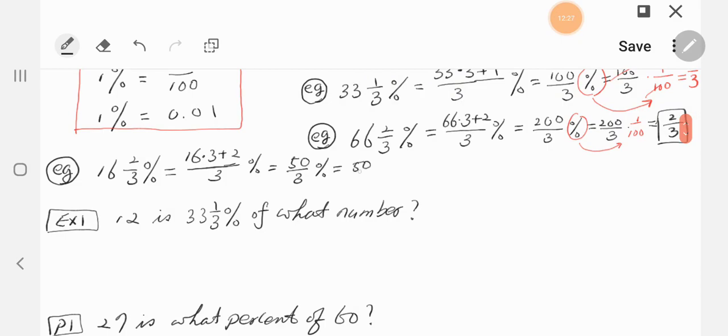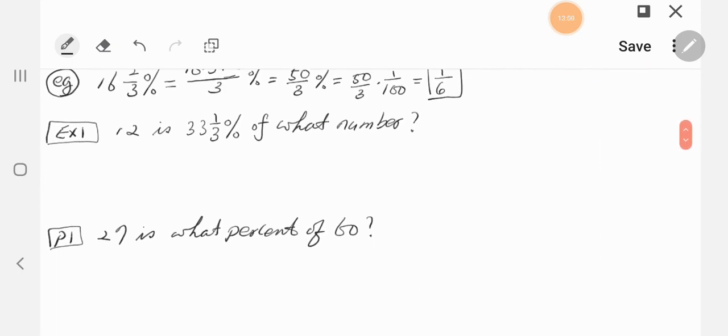And 1% is equal to 1 over 100. So that is equal to 50 over 300, and then reduce it, so 50 divided by 50 gives 1 over 6. All right, so we just converted percent into fraction. And decimal is just, use the calculator, it will give you the decimal.